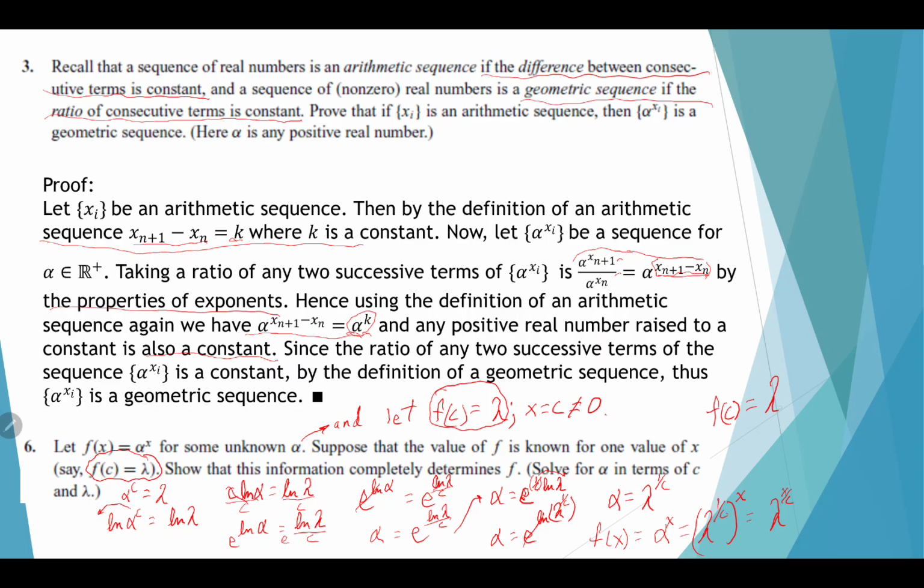So this becomes lambda to the c over c. Well, c over c is 1, which is just lambda. So this does check out. Thus, f is completely determined.